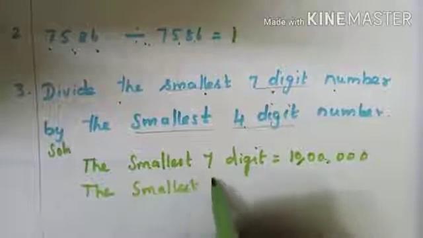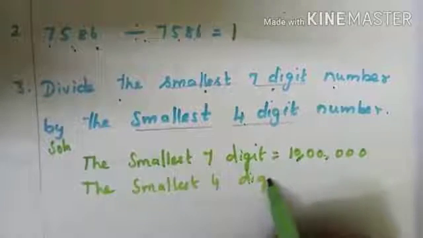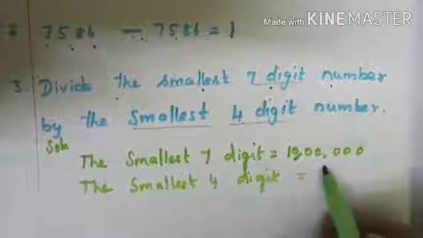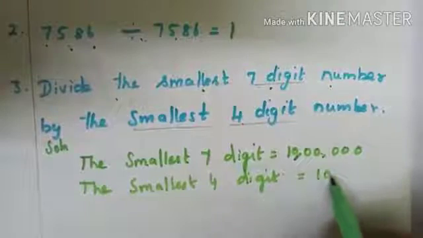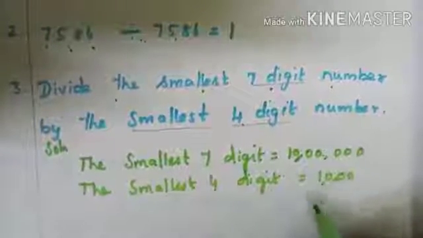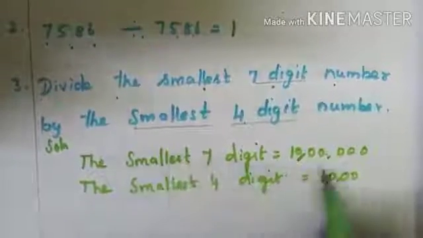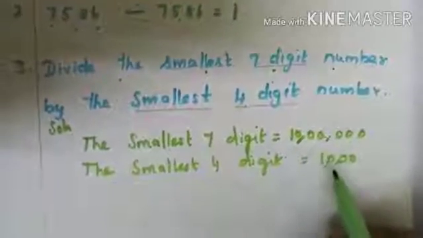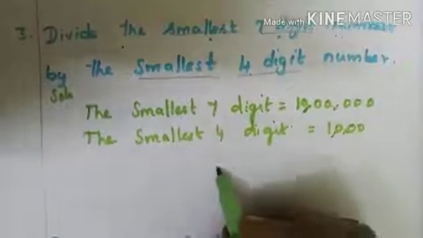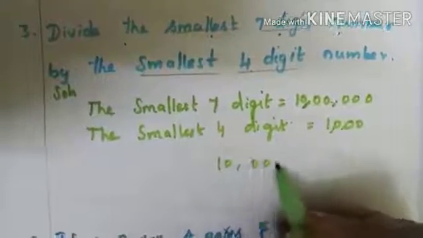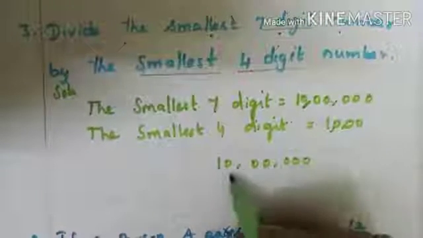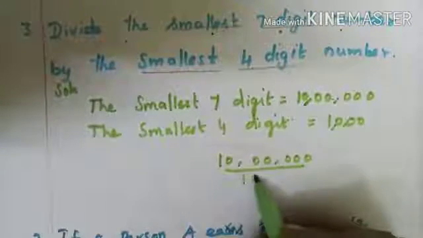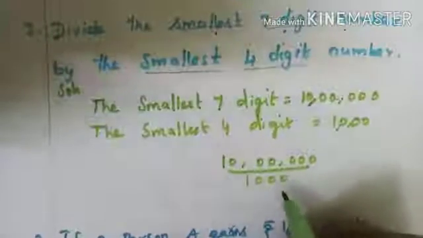Now the smallest 4-digit number. The smallest 4-digit number equal to what? 1000. Now we are going to divide these two numbers. So when we are dividing 10 lakh divided by 1000, what will we be getting?